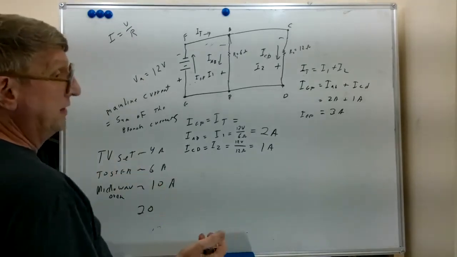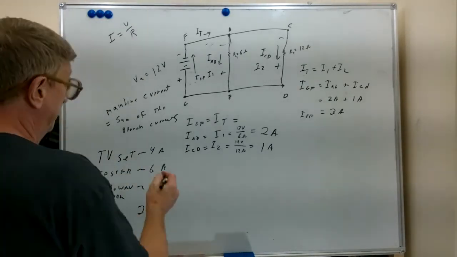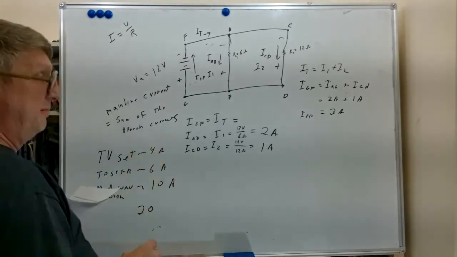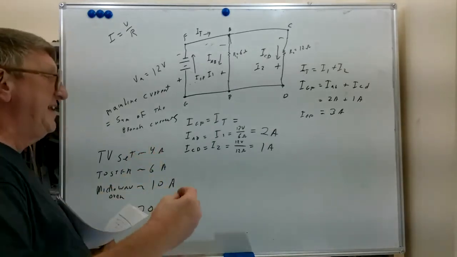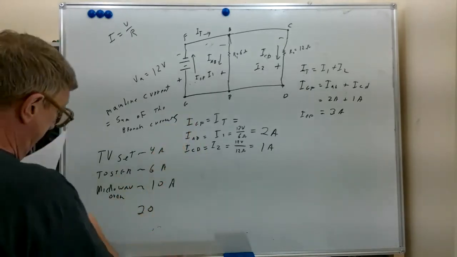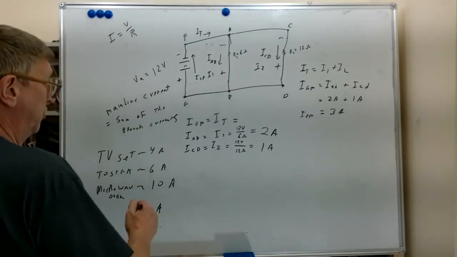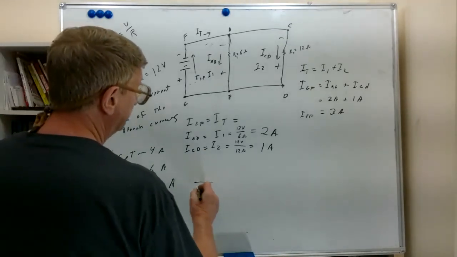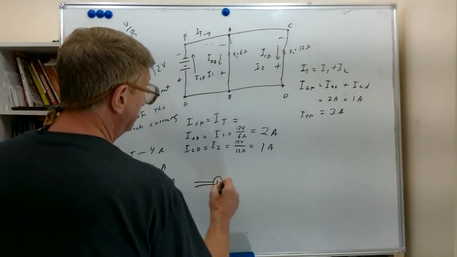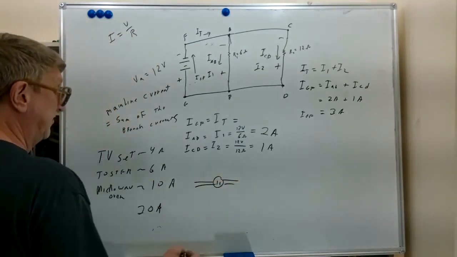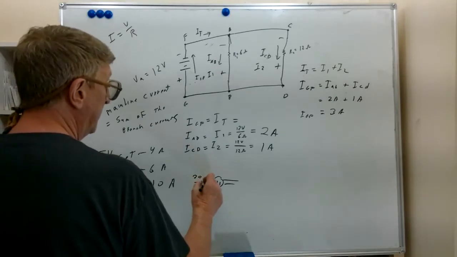and each of these might be going out through a separate circuit breaker, or if they were all plugged into the same circuit breaker, the wire feeding the first outlet would be carrying that 20 amps. Say the first outlet was the TV set. The wire going to that first outlet, that's a diagram for an outlet, you see the two slots, would be carrying 20 amps.